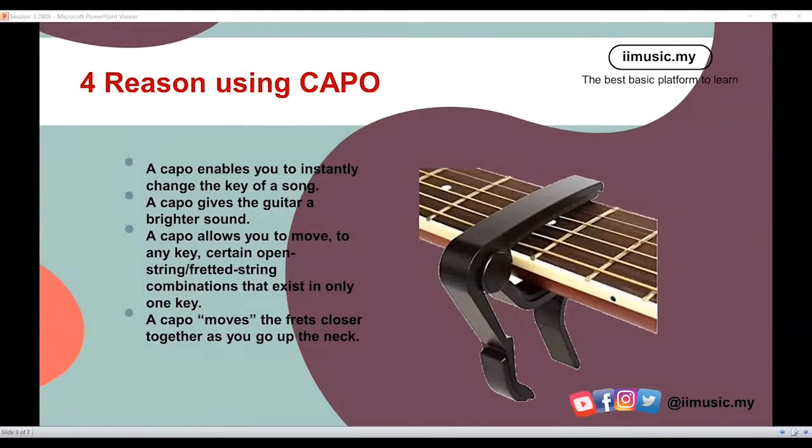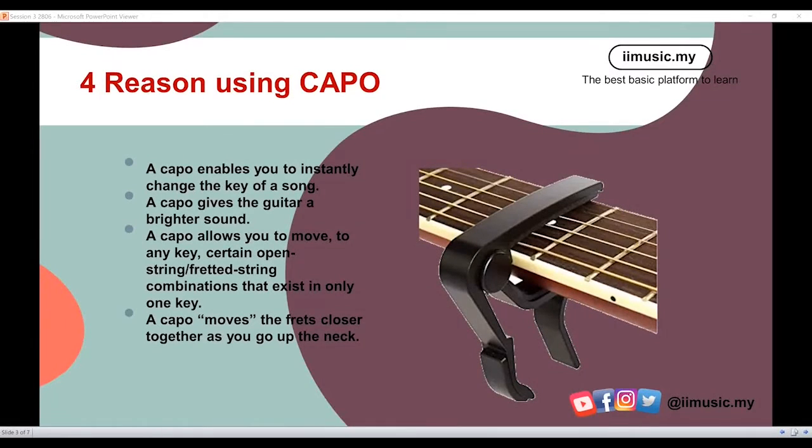C is not suitable for his or her vocal range, but he or she can sing this song better in, for example, the key of D. No problem. You put your capo on the 2nd fret and simply play that song in the key of D, and it easily changes the key of the song.